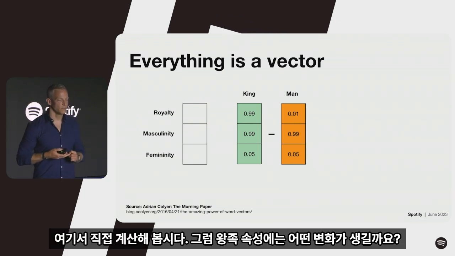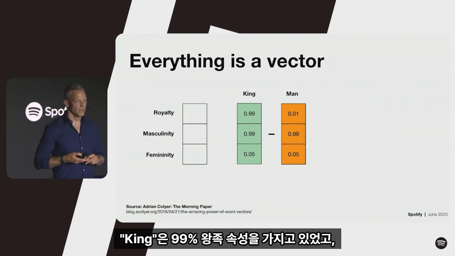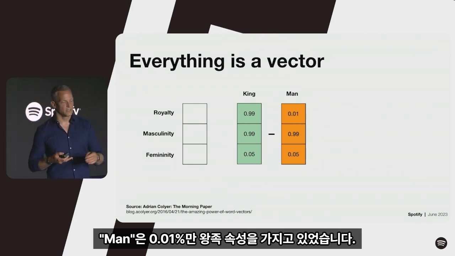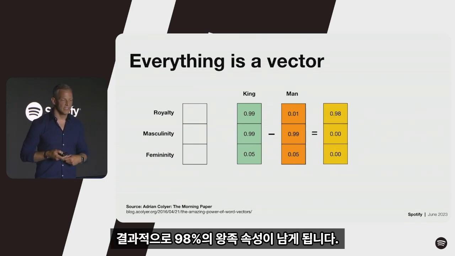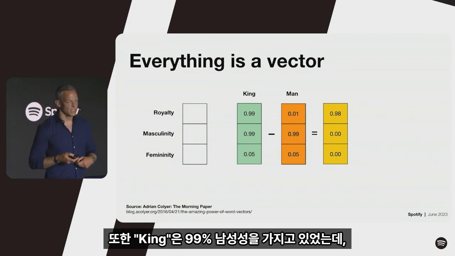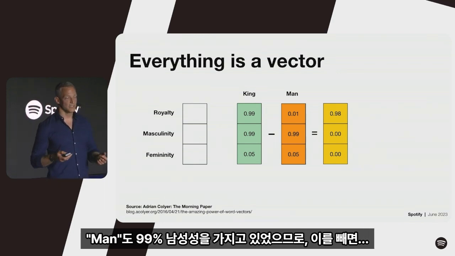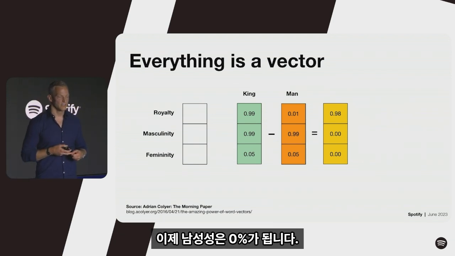Let's do the math here. What happens to the royalty? So we had 99% royalty on the king minus 0.01% royalty on the man. That means 0.98% royalty. We had 99% masculinity in the king minus 99% masculinity in the man. So now we have 0% masculinity.